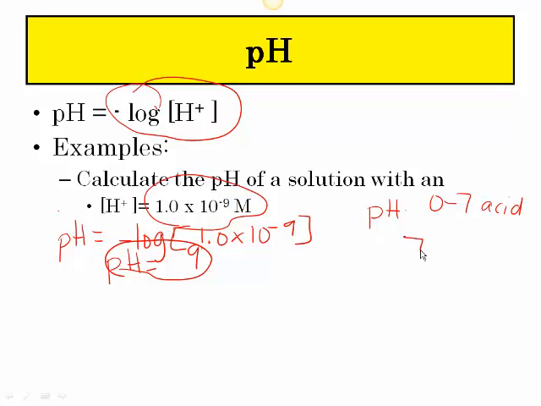If it's 7 by itself, it's neutral. I guess you should really say up here that it's 0 to 6. And then if it's 8 to 14, then you have a base. So this solution over here, since it's 9, would fall in our basic category. It didn't ask for that, but this would be a base then.